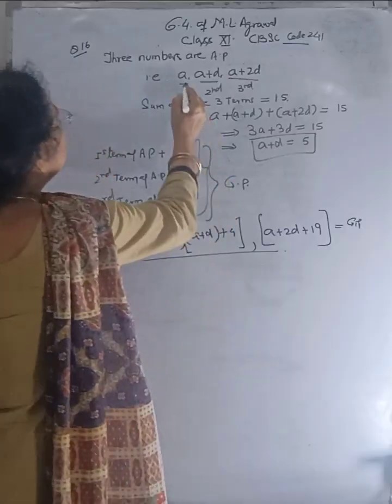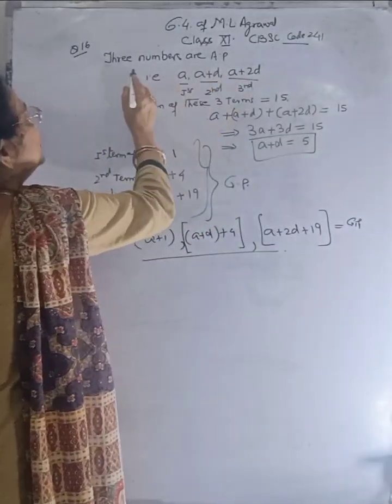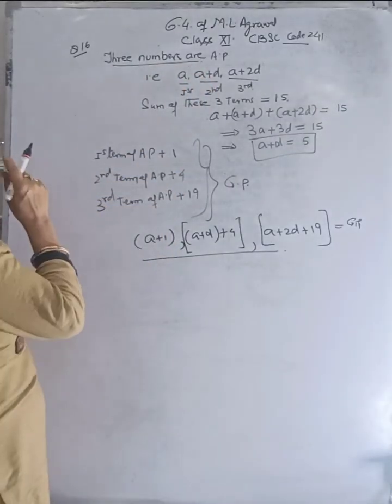We have to find these numbers. The original numbers, that is, A and D are to be found.